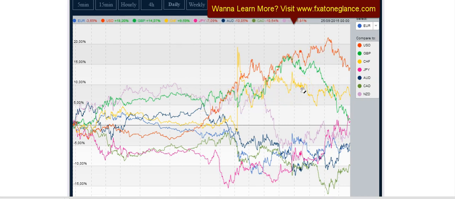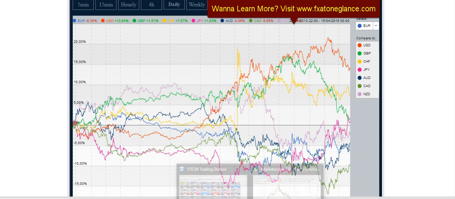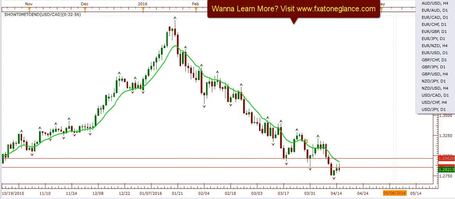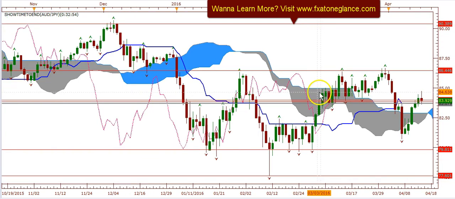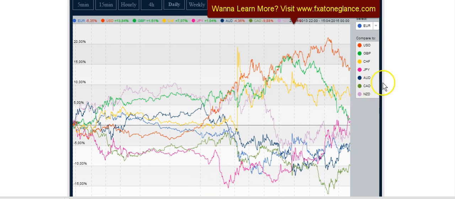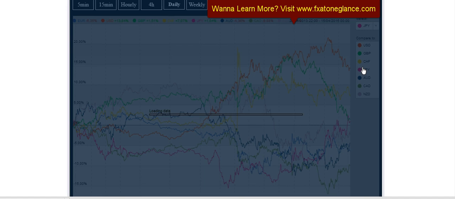But if you have a pair like you're looking at, so if you're on your chart and you want to look at your pairs, so you're looking at the Aussie yen, all you have to do is put the Aussie yen on here. You don't have to put everything on your chart. So maybe you just put, we go up here and we put the yen on the top, right?